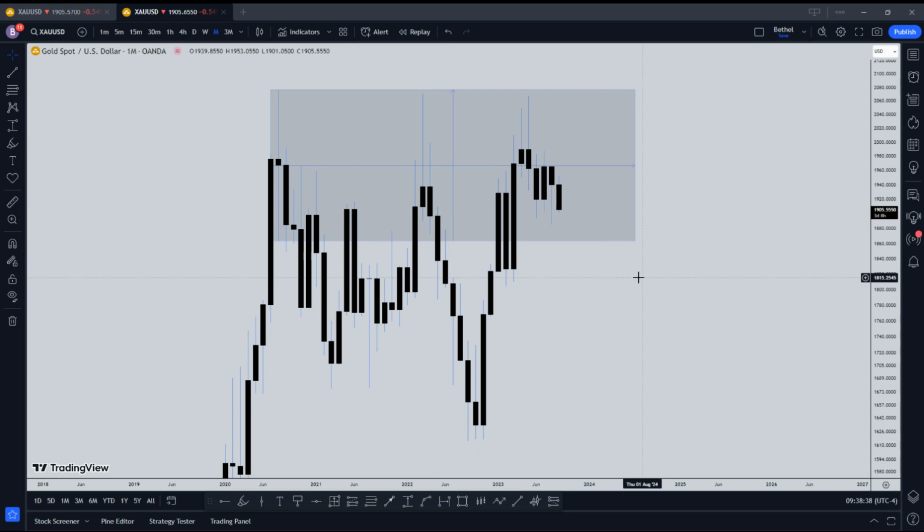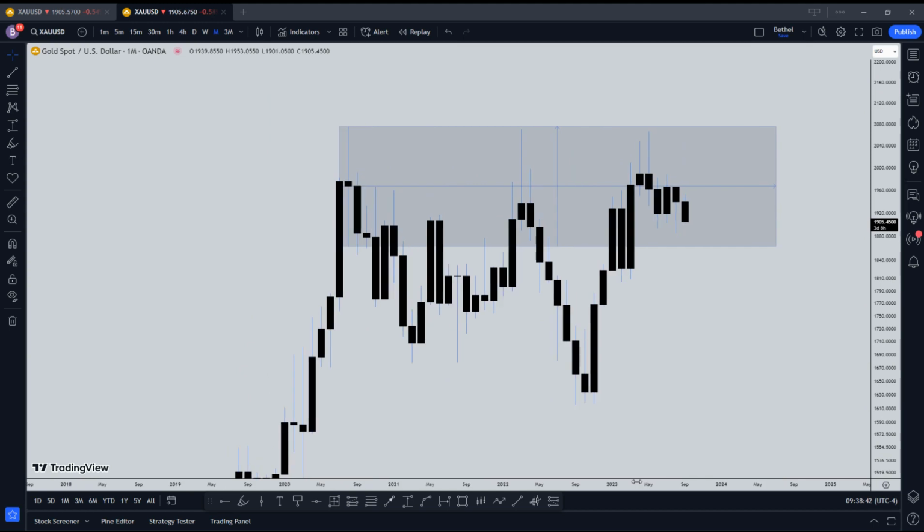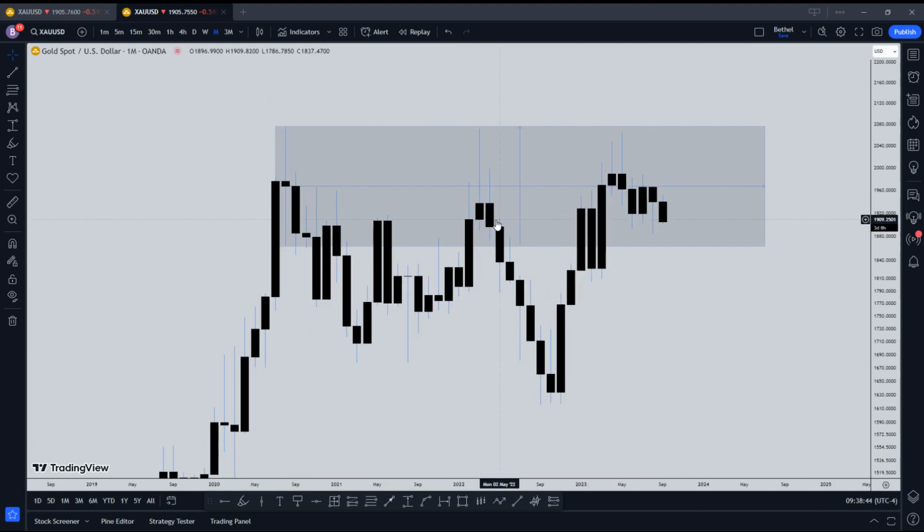It depends on how you plan your trade and how you trade. If you're a swing trader, these are the type of trades swing traders take. Just wait for this to happen, place a sell, maybe have a stop loss here, and then maybe risk 50% of your portfolio, or maybe 30%, and then look for all these swings here.